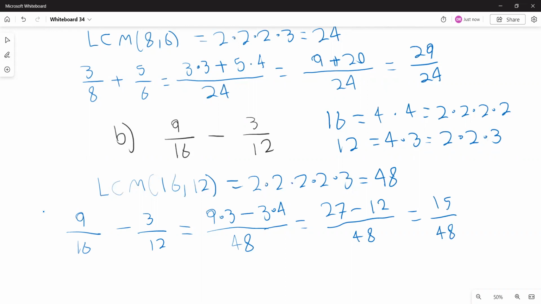Both numbers are divisible by 3. So 15 over 3 is 5. And 48 over 3 is 16. The final answer is going to be 5 over 16.